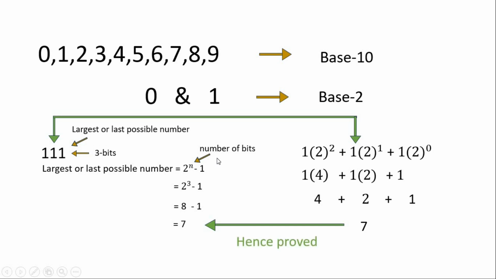Therefore, it proves that all the integer binary numbers are base 2 numbers.